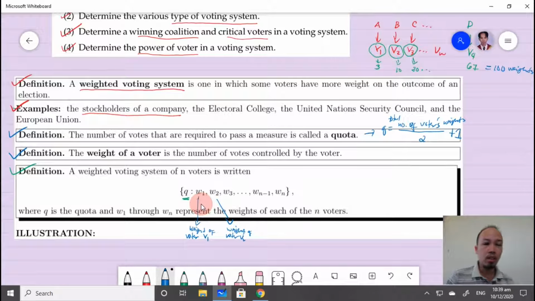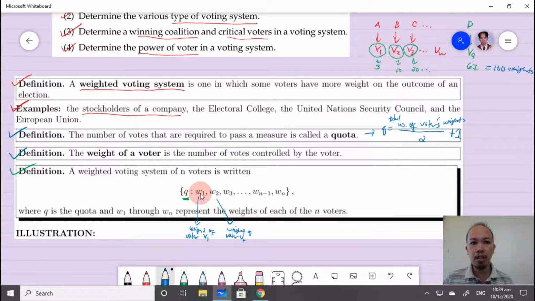So if the given is in this way, automatically the first component here is the weight for the voter V1. The second, W sub 2, is the weight for voter V2. W sub 3 is the weight of the voter V sub 3, until you have W sub n, which is the weight of the voter V sub n.